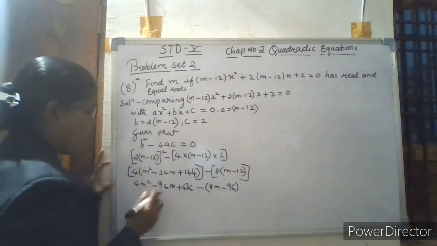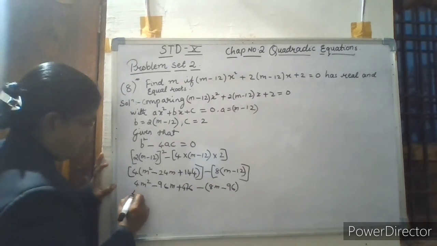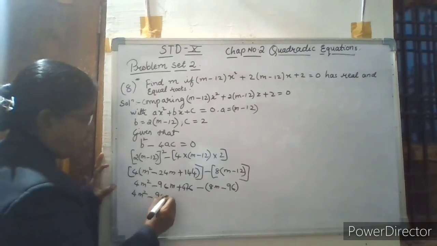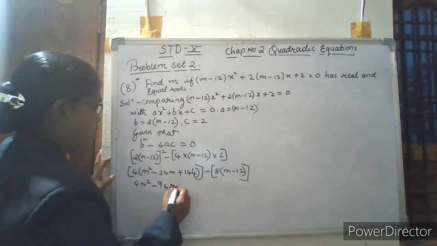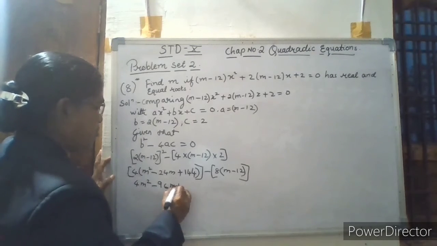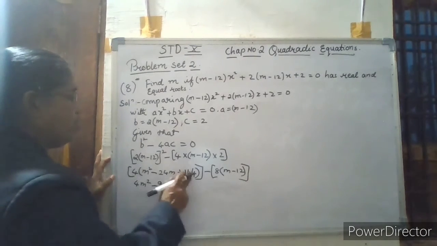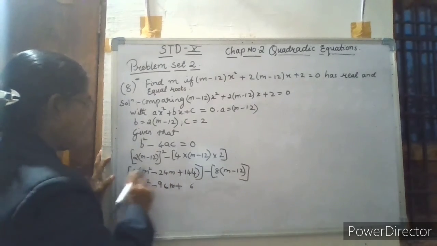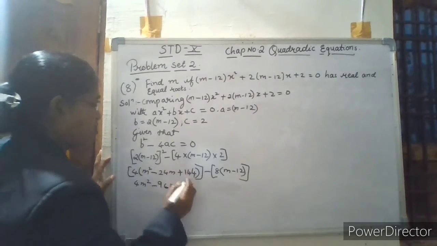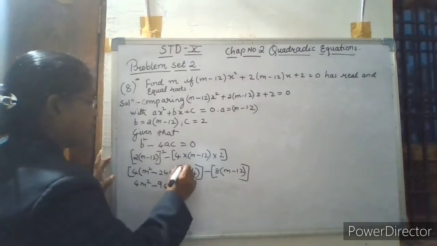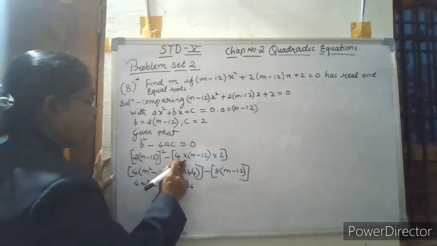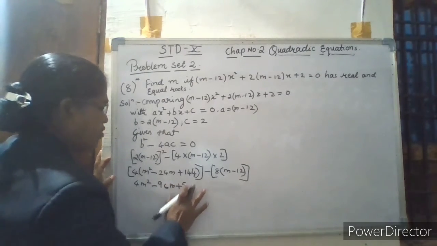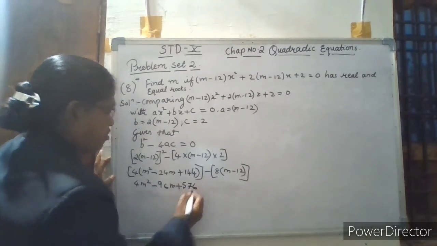Now you open the bracket. 4m square minus 96m, then plus 4 into 144. 4 4s are 16, carry 1. Then 4 4s are 16 plus 1, 17, carry 1. 4 1s are 4 plus 1, 5. So we got 576.